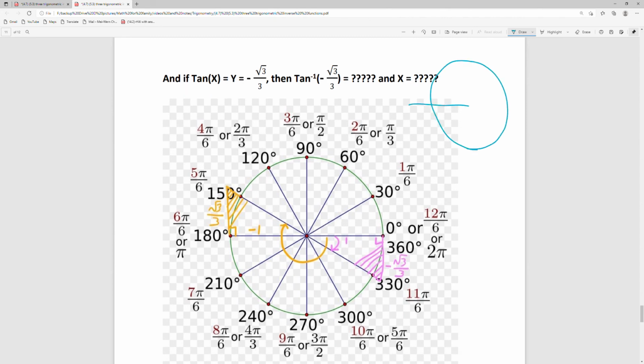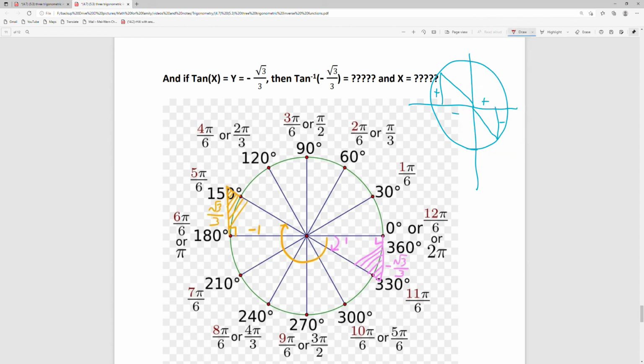So next, once you learn the concept, for tangent, if you have negative, negative over positive becomes negative. And the other one here, negative over positive is negative. So you have two angles here.